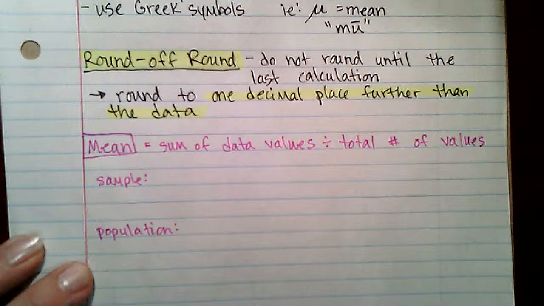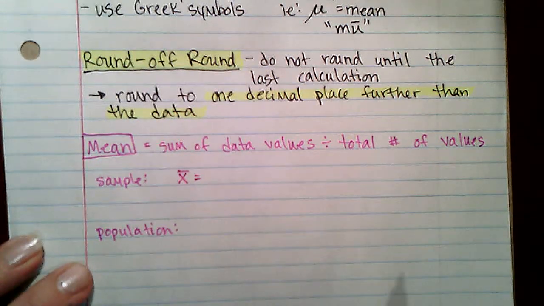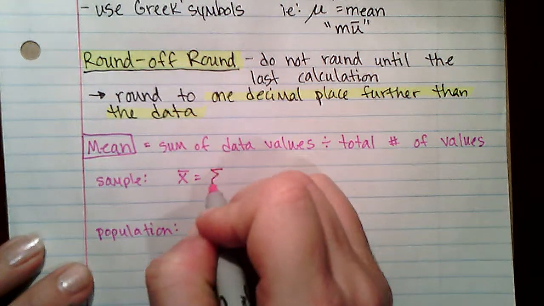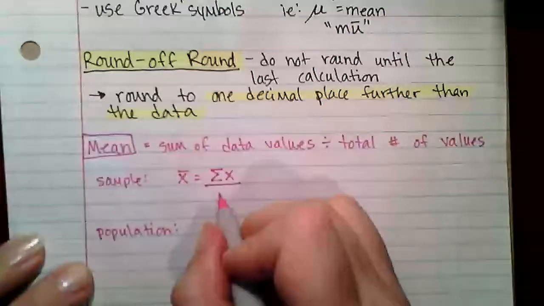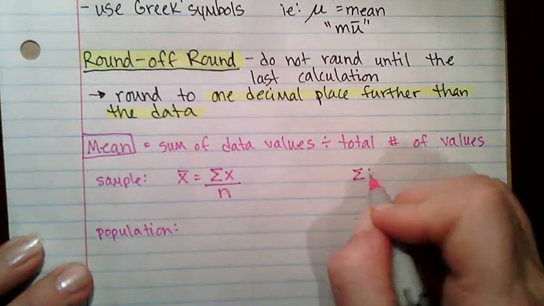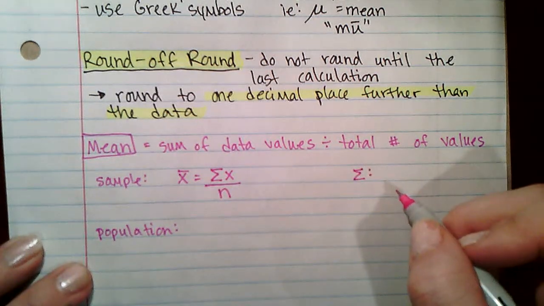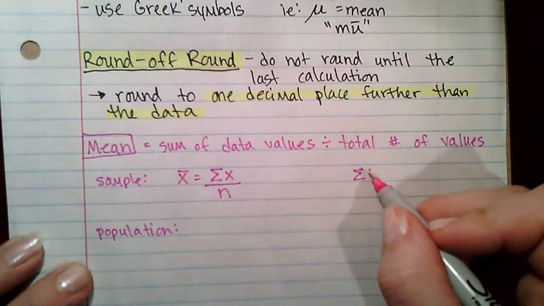Remember, the symbol for the sample mean was X bar. And the way that we write this formula using mathematical symbols is to say that the mean is equal to the sum of the data values divided by the number of data values. So the symbols we've used here, I'm not sure if we've seen this one already this semester, but this means to add up all.